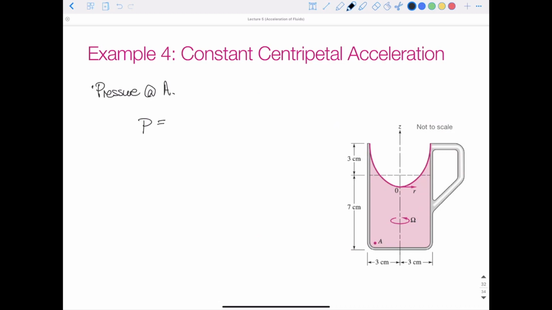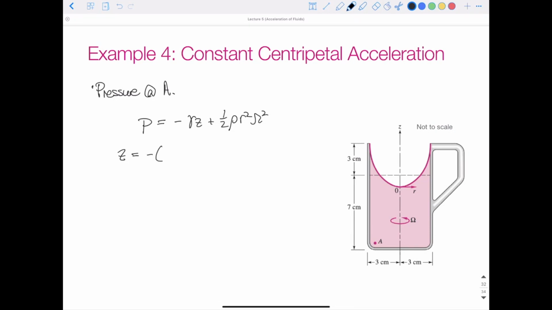Our equation for P was negative gamma times z plus 1 half rho r squared omega squared. So at the very bottom, our equation for z would be the total height of the fluid above.